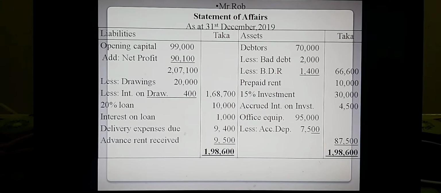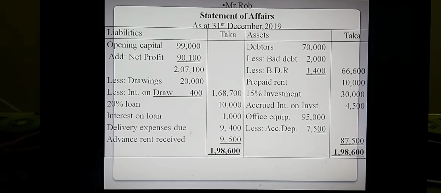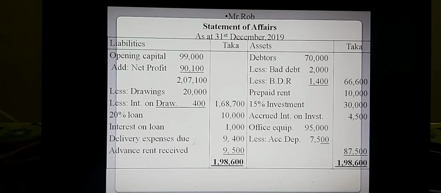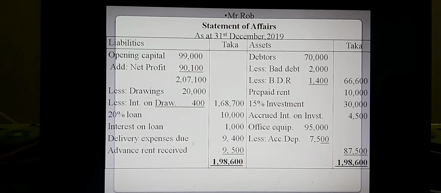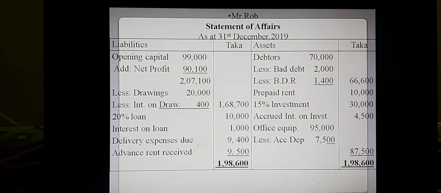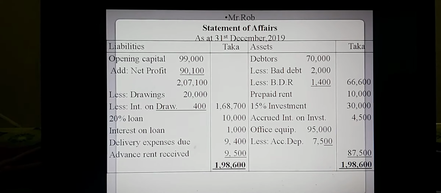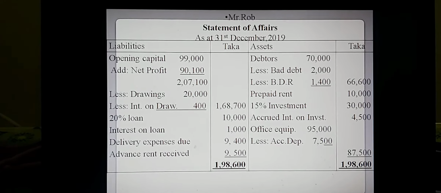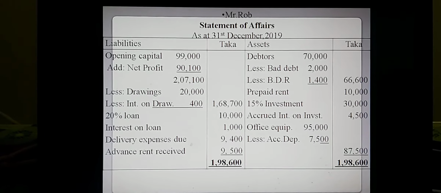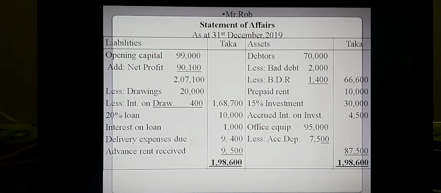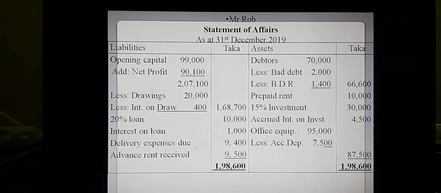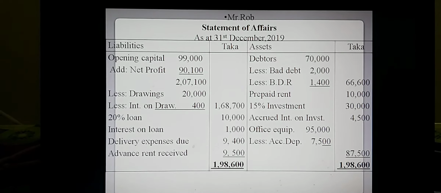Mr. Ravi, statement of affairs as at 31st December 2019. From the format of the single entry system, you have understood all closing items to be shown in the statement of affairs as at 31st December 2019, except opening capital. Only capital is to be shown as opening.